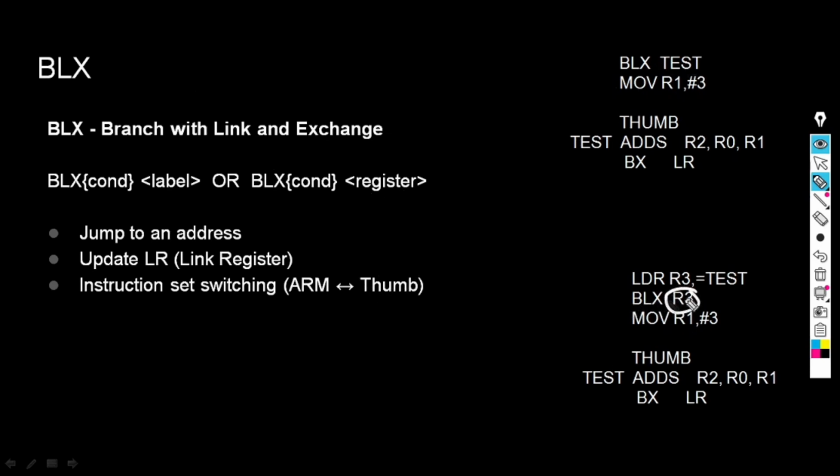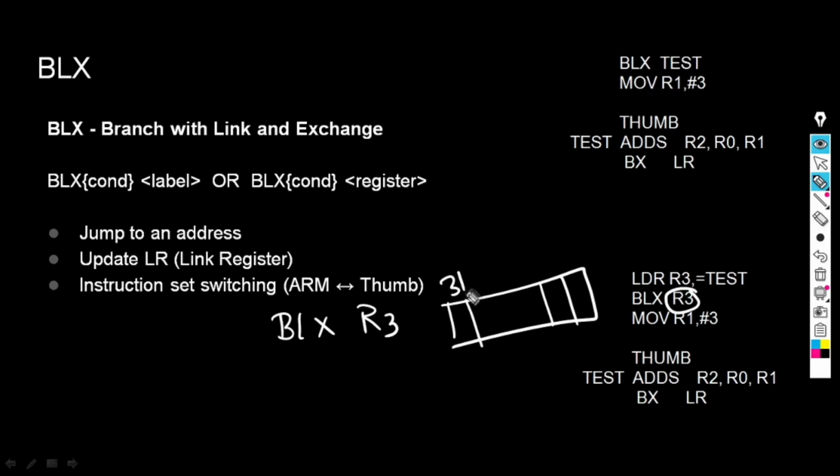Now if we check the case where there is BLX followed by some register, the last bit of this register is checked. Now this is bit 31, this is bit 0. If it is 1, then it expects that the subroutine is made up of thumb instructions, and if it is 0, it means the subroutine is made up of ARM instructions.